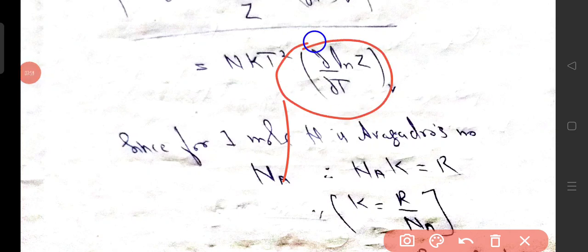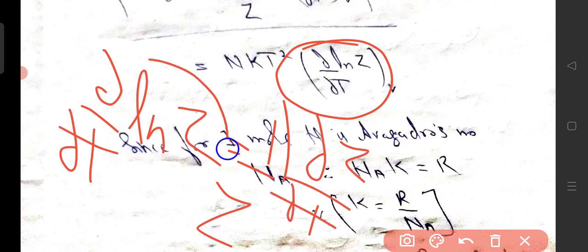Here, when I take the derivative dou divided by dou T of ln Z, you will get 1 over Z and then dZ divided by dT, right? First, 1 over this thing, and then the derivative of this with respect to this.